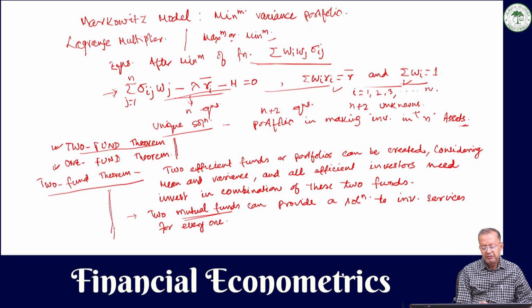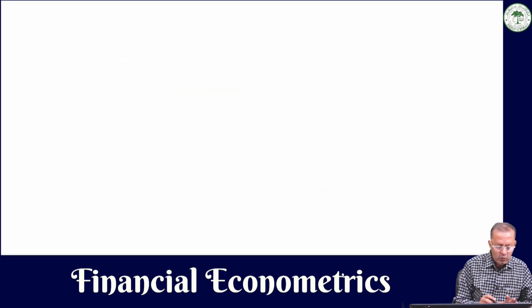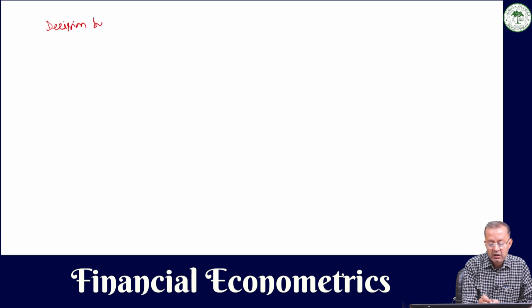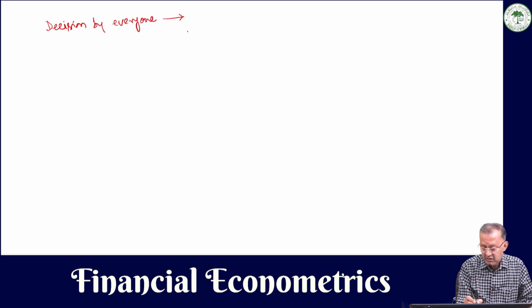Clear? But this two-fund theorem is based on certain assumptions. What are those assumptions? Number one, the decision by everyone is being taken on the basis of mean rate of return, the variance and covariance of the funds.